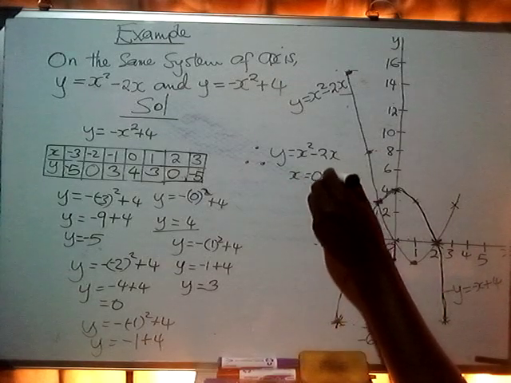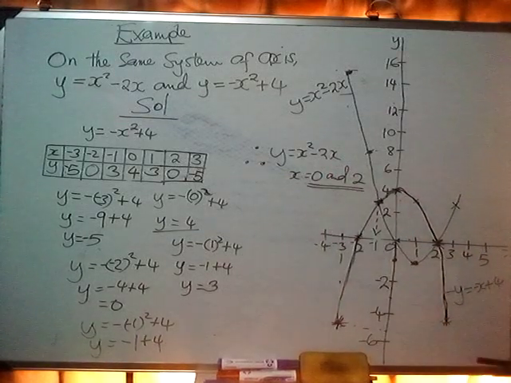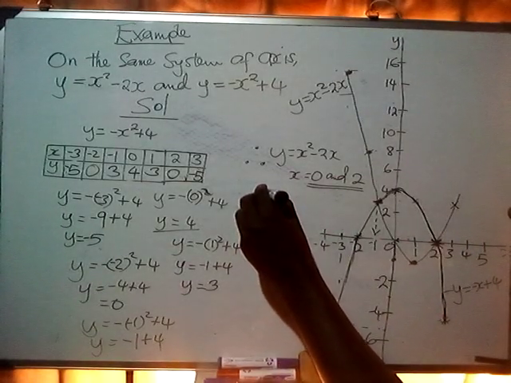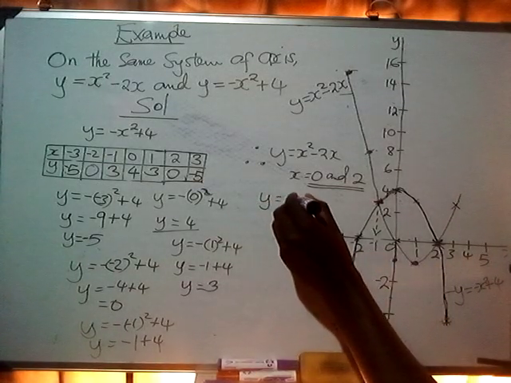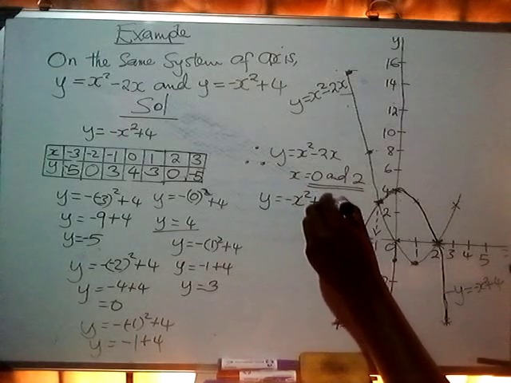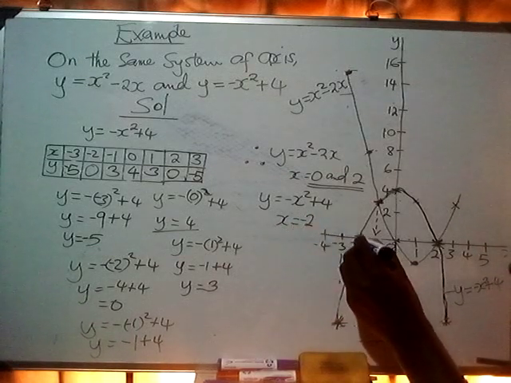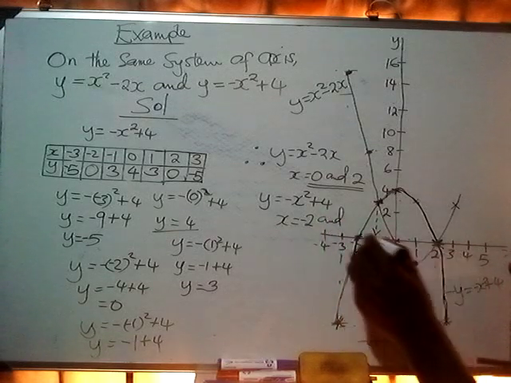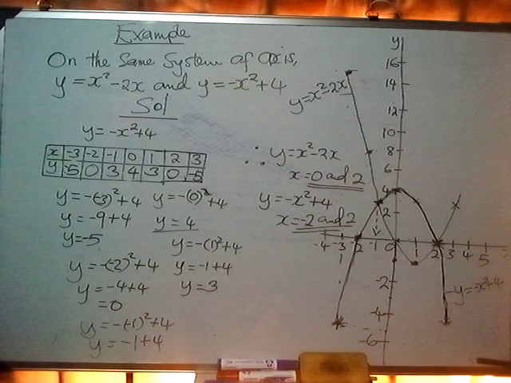The values of x are 0 and 2. We come to this other equation, which is y is equal to negative x squared plus 4. The values of x there are -2 and 2, because it's crossing the x-axis there. So these are the values of x for the two equations. They have got different values.